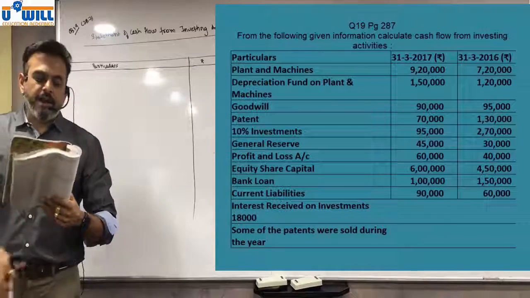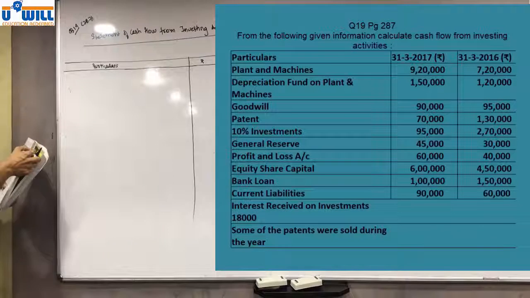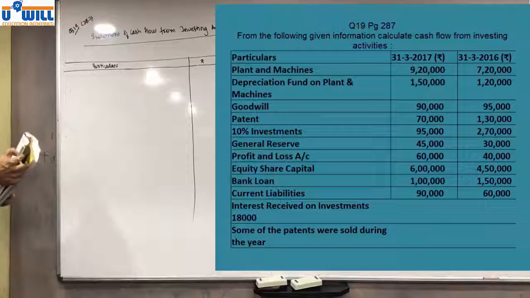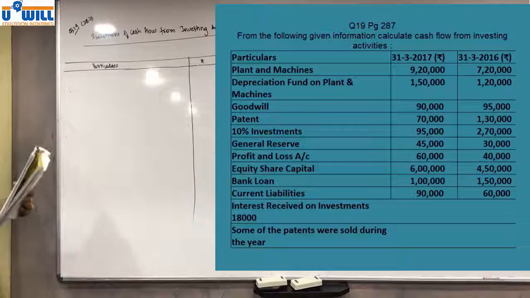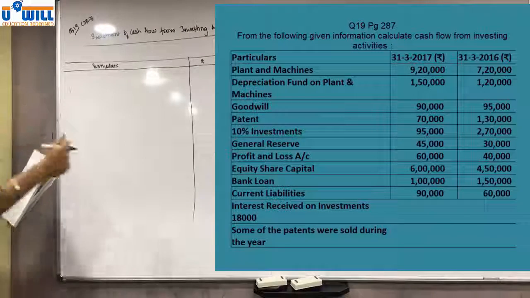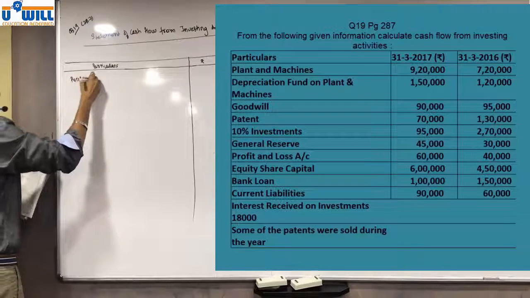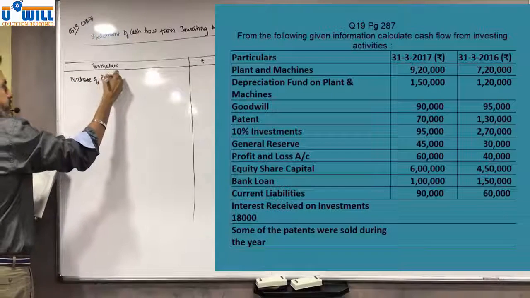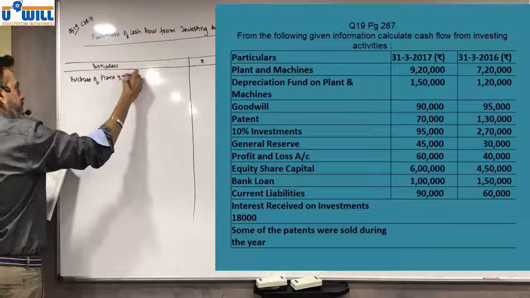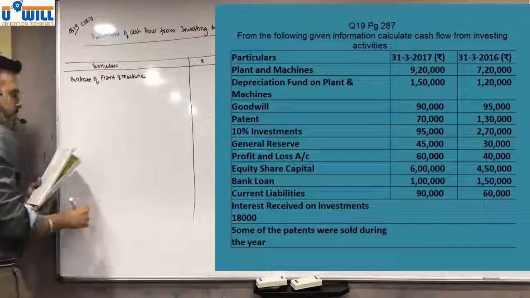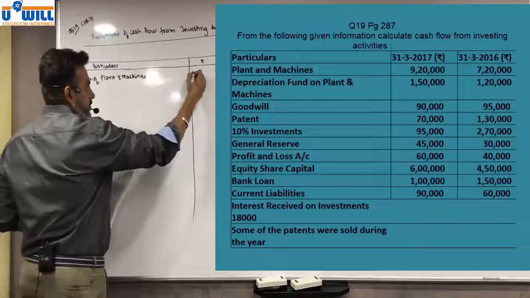Okay, let's start with plant and machine. Now it was 7,20,000 in the previous year. Current year it has become 9,20,000. So it has increased. So we have purchase of plant and machine, two lakhs.